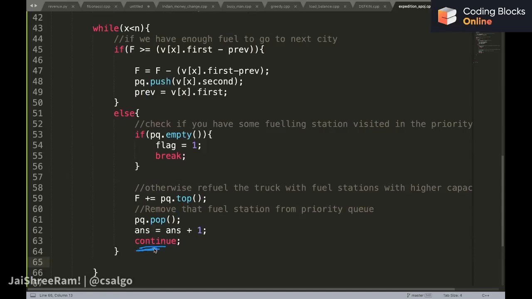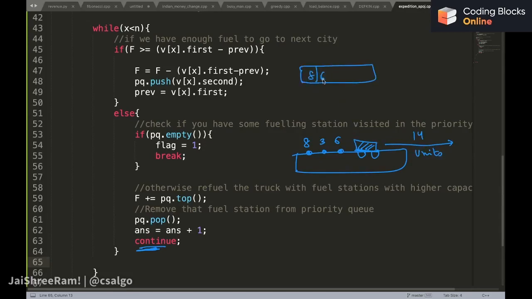Suppose you are standing at a particular location, and you had encountered three fuel stops, one with the capacity 6, one with the capacity 2, and one with the capacity 8. And at this point you realize that to go further you need at least 14 units of fuel. So at this point you have in your priority queue 8, 6, and 2. So maybe this is your current location, and this is the next location where you want to go. So you see, this is my previous and this is my x.